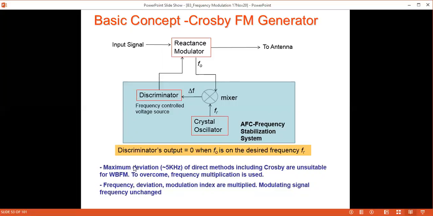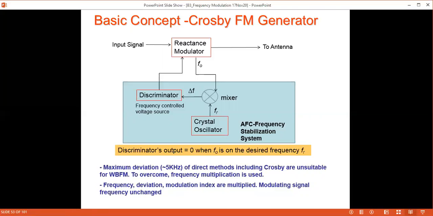Okay, the maximum deviation is around 5 kilohertz if we use Crosby. So actually for commercial wideband FM, like the FM radio station, the frequency deviation used is 75 kilohertz. Okay, so because of the low maximum deviation in the direct FM method, we need to apply frequency multiplication.